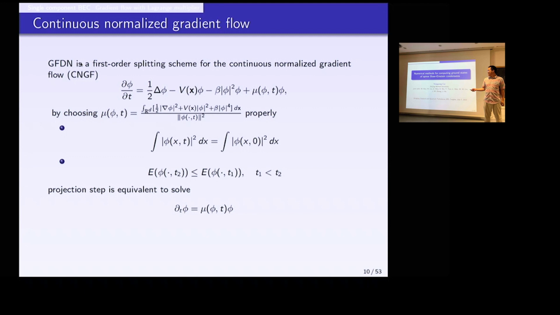Because of the construction of the gradient flow, the wave function phi is always in the constraint manifold, and the energy is always decreasing. So if we evolve the system along this flow, eventually we will reach some saddle points of the energy functional with the constraint. And if we view it this way, the previous projection step is equivalent to solving the Lagrange multiplier part to enforce the L2 constraint. Okay.